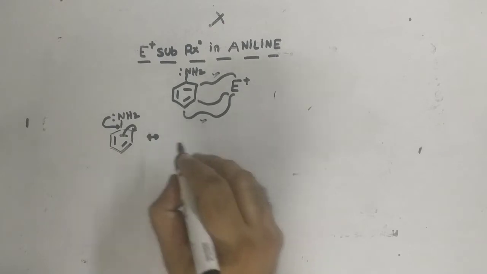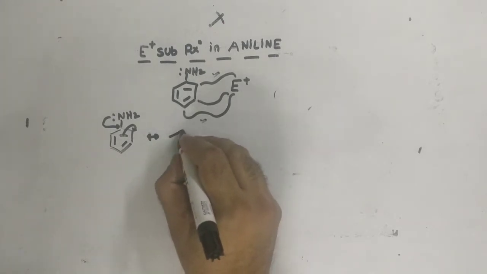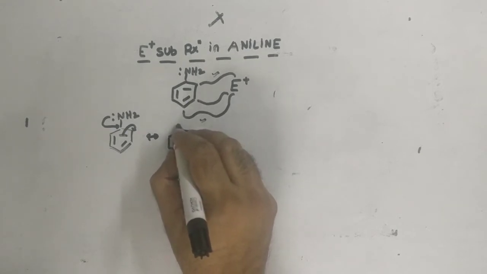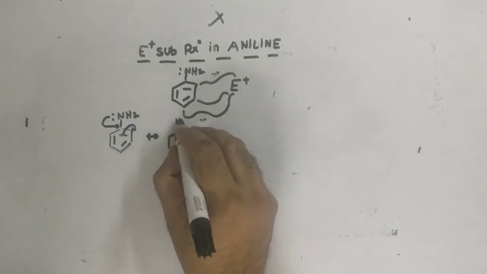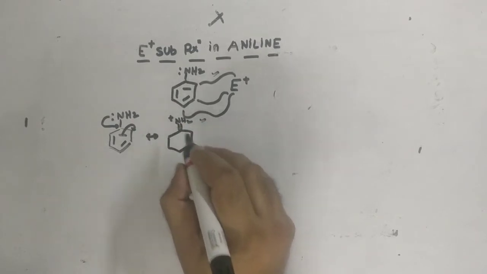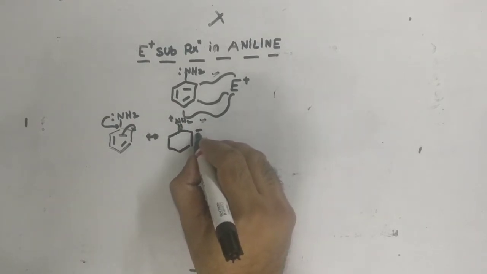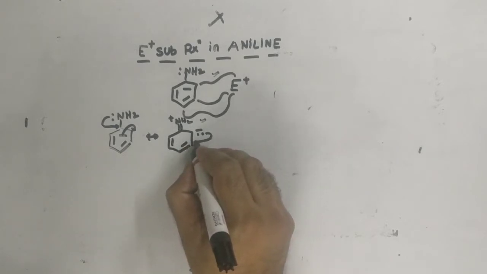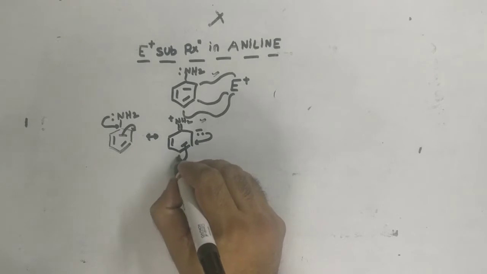Nitrogen gives electrons to the benzene, which makes benzene electron rich. So the benzene will get attracted towards the electrophile, or the benzene will get activated towards electrophilic substitution reaction.